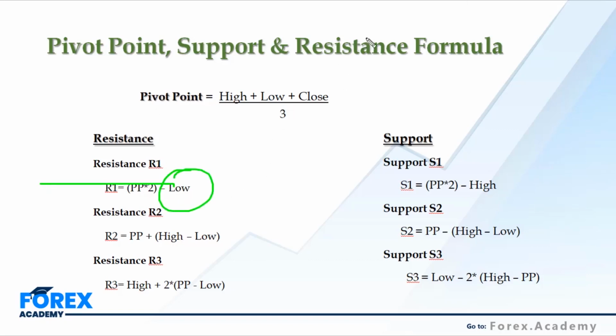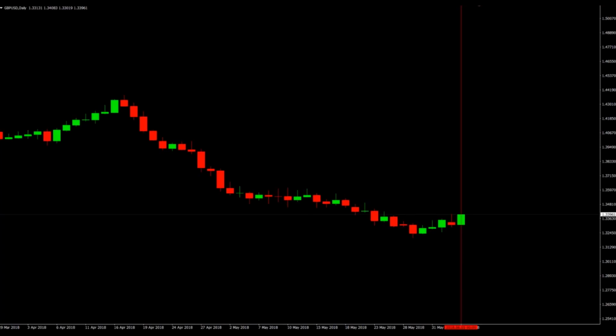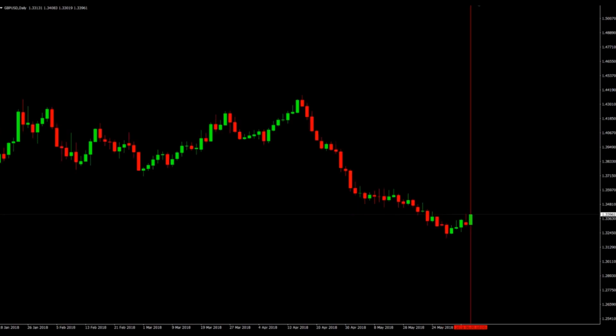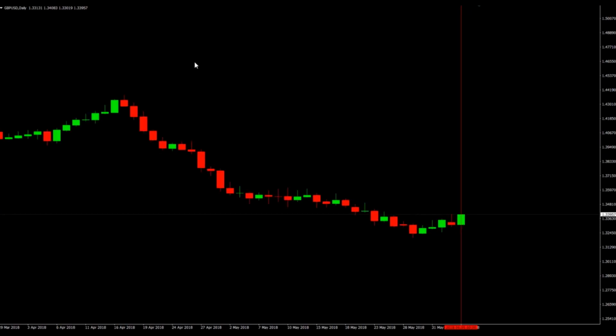Let's do this. Let me open my MT4, and let's try to do some experiment. Alright guys, this is my MT4, and it's a live chart of GBP USD, and these are the live prices. So what I will be doing here is, if I want to identify what is likely to happen today and whether I need to stay bullish or bearish today, I will be looking for the high, low, and closing prices for this particular candle.